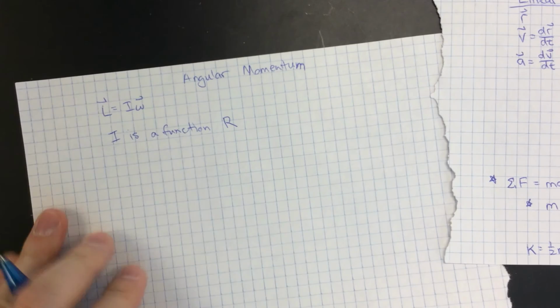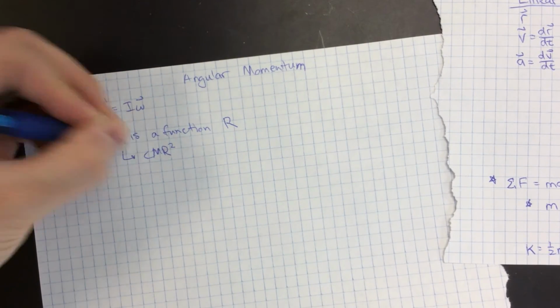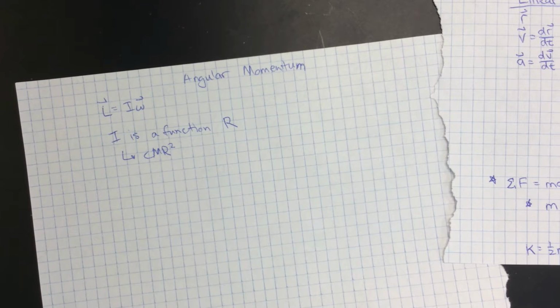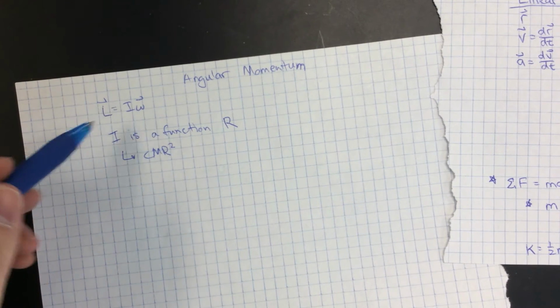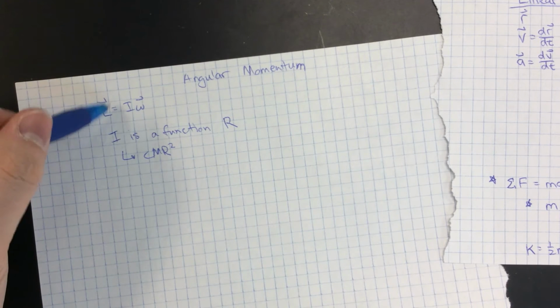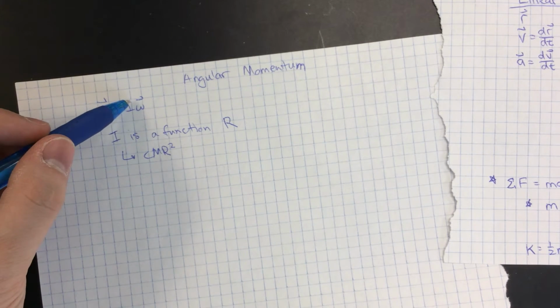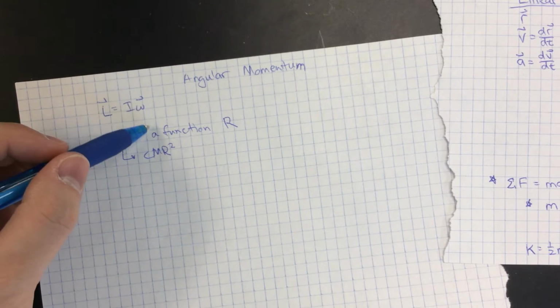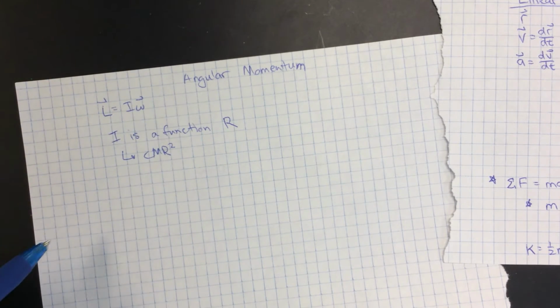It's usually some sort of mr squared, some c m r squared, right? So as you change the radius of an object without an external force, in other words, if you apply conservation of angular momentum, then changing your radius will necessarily change your angular velocity.